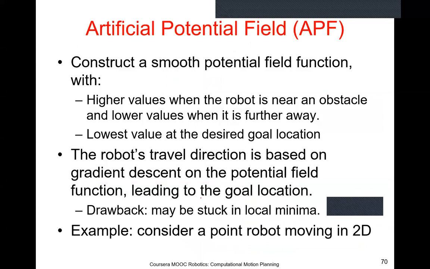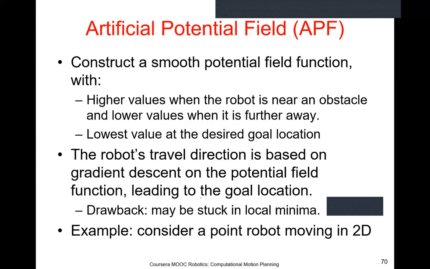So artificial potential field is an idea of trajectory generation, both path and velocity, by constructing a smooth potential field function, with higher values for the function when the robot is near an obstacle and lower values when it's further away, and the lowest value at the desired goal location.